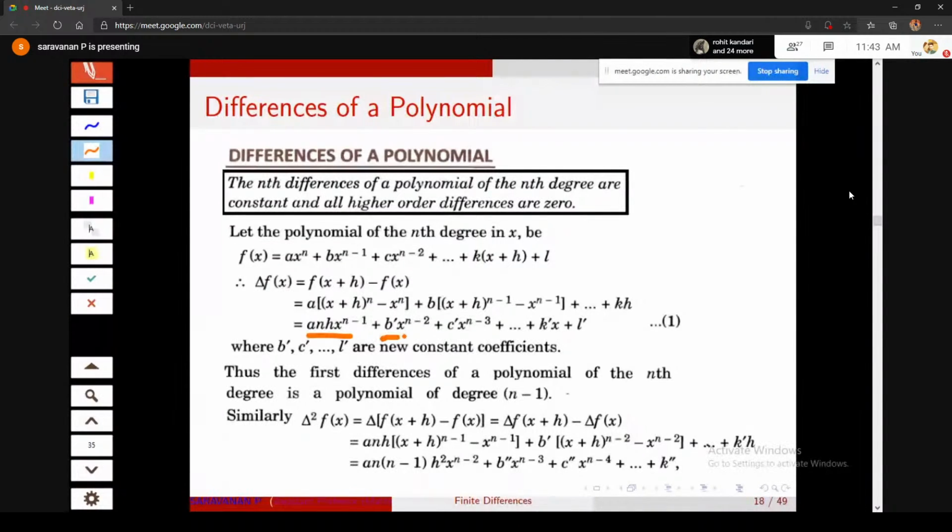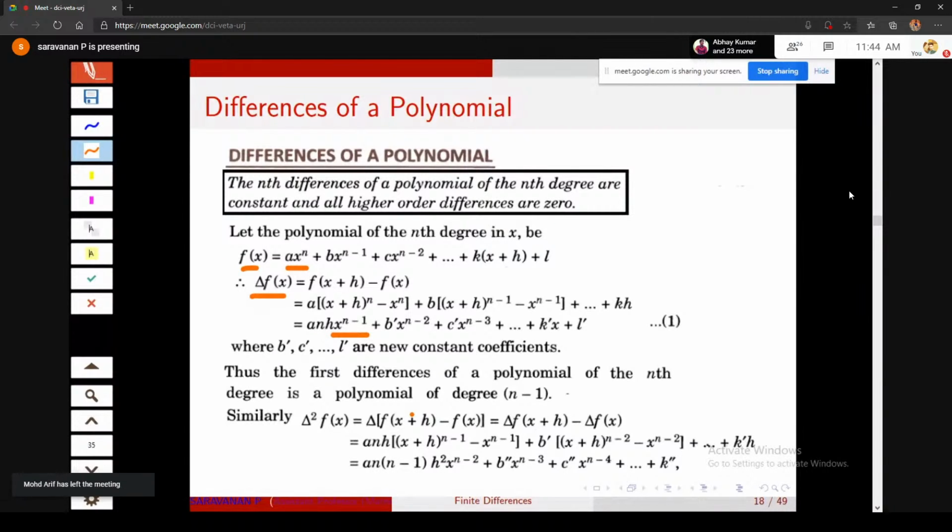I denote it as b prime, c prime, etc. up to L prime. The L prime is nothing but k into h. It is a constant. Previous term, you will get x. So that is k prime x, etc. Where all these are constant. So from this, it is clear that if f of x is a polynomial of degree n, delta f of x is a polynomial of degree n minus 1.